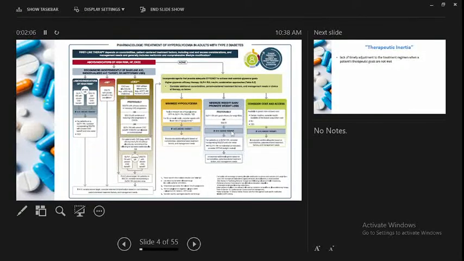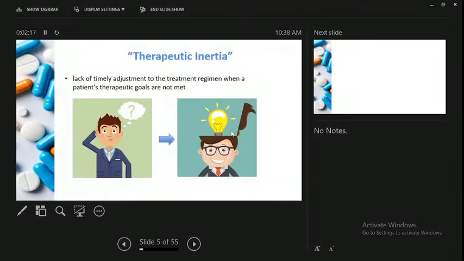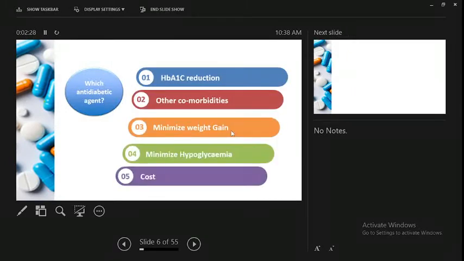It looks complicated, but I'll try to break it down and show you how to choose the correct oral hypoglycemic agent. Because of this multitude of drugs available, it leads to therapeutic inertia. You're left with the question of which one to use. By the end of this talk, I hope you will have some idea.